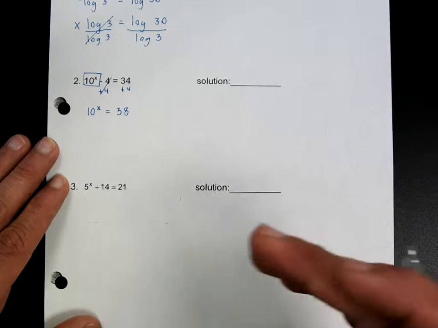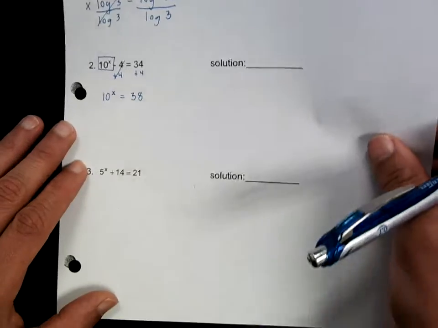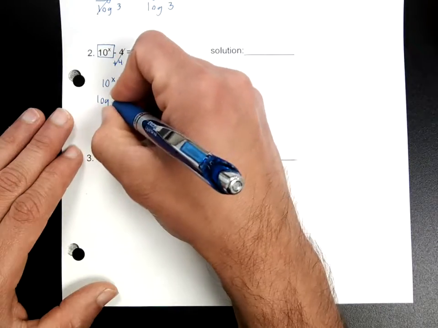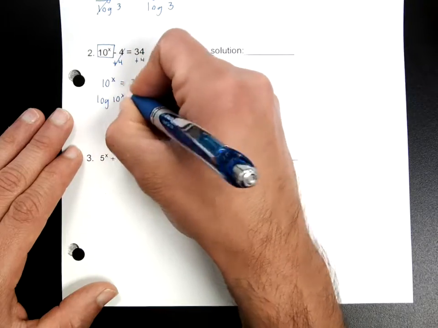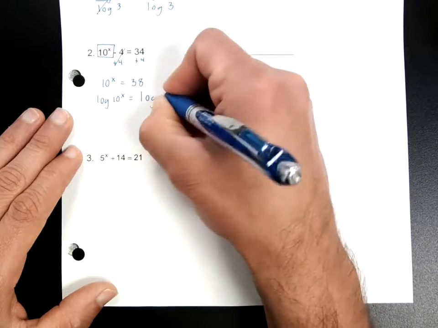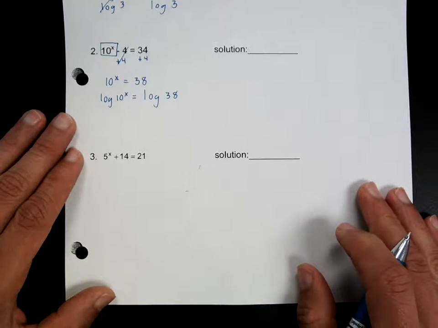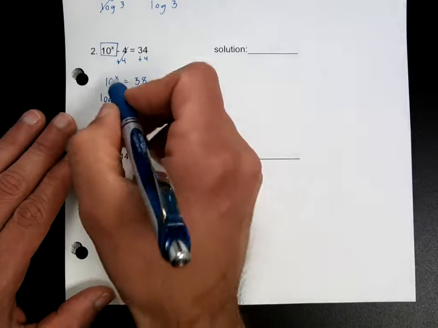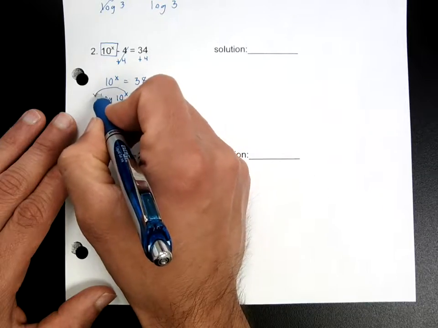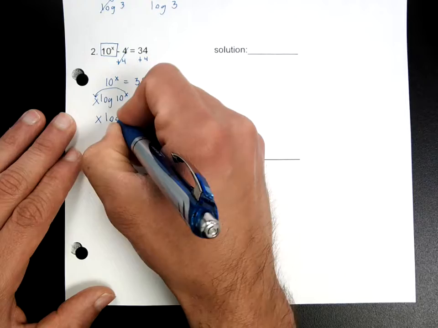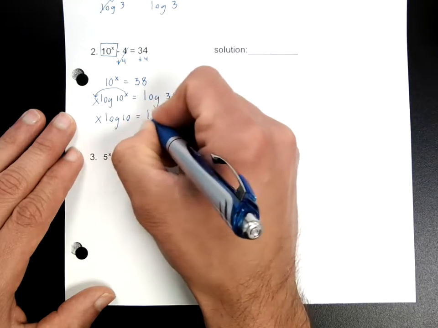So I'm going to take the log base 10 on each side. So I have log of 10 to the x power is equal to log of 38. By the laws of logarithms, that allows me to bring this x right here. So this is really going to be x log of 10 is equal to log of 38.